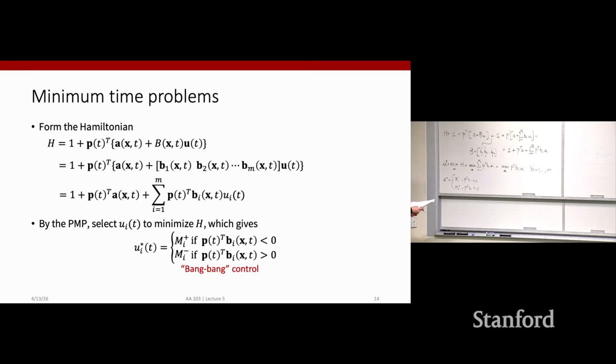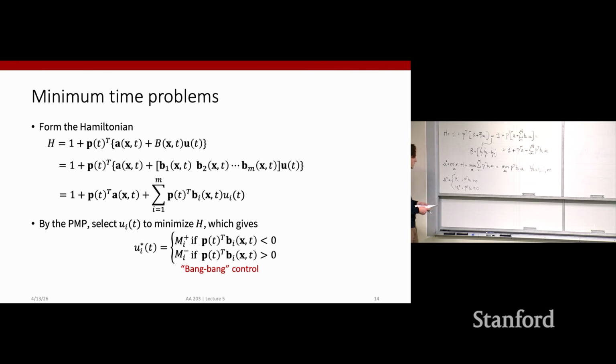For optimal triplets, so optimal x, u, and p, for which P transpose B_i is equal to 0, the optimality conditions do not give us any information about what the optimal control looks like.